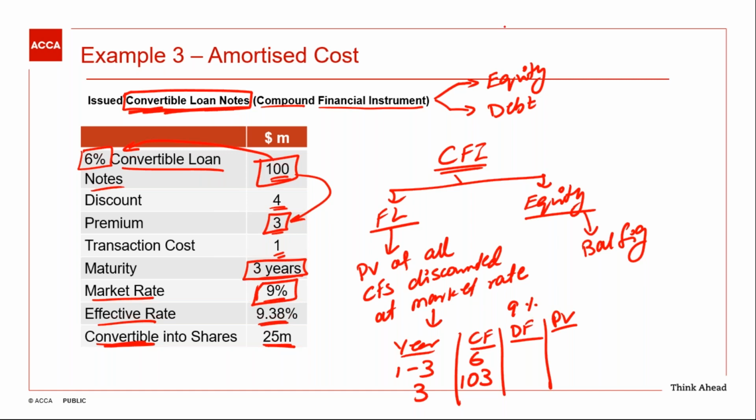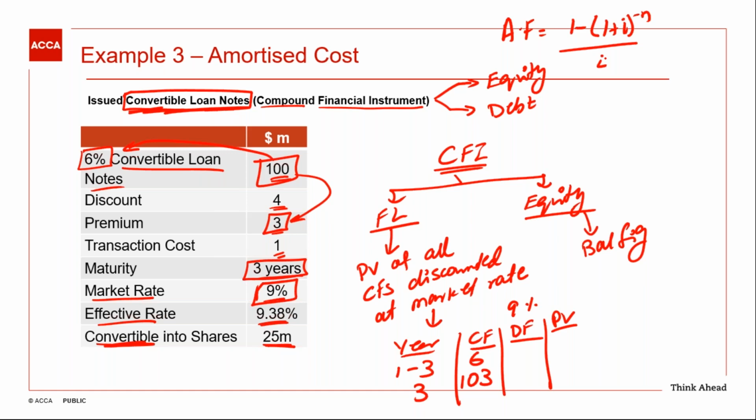And the formula for the annuity factor is 1 minus (1 plus i) to the power minus n, divided by i. So this is how we actually calculate the annuity factor. So can someone tell me the annuity factor of this case? It's 2.531.